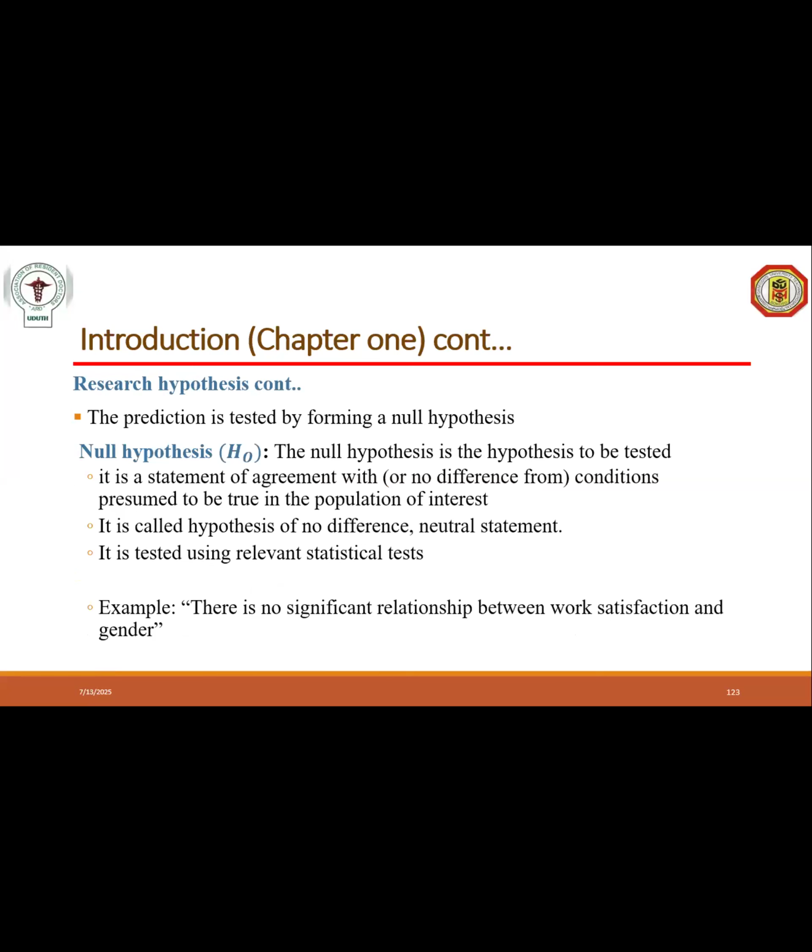So now, if you want to state a hypothesis, each hypothesis should have two independent hypotheses. That is, null hypothesis and alternate hypothesis. So now, if you have objectives, you look at all of them that require hypothesis. For example, in our last example, we want to know the factors associated with tuberculosis infection prevention and control practice.